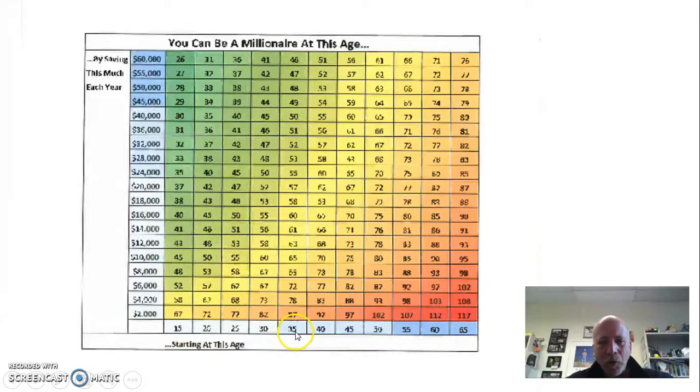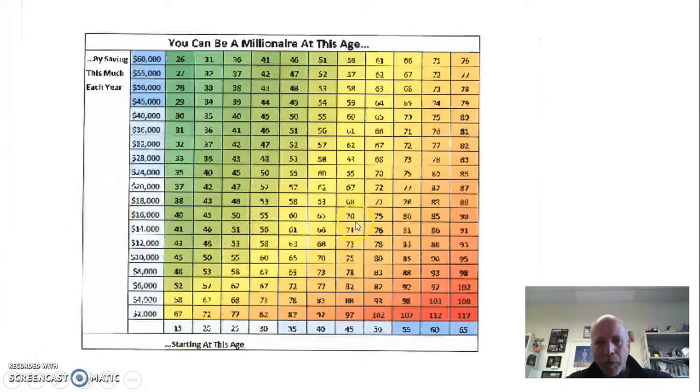If you wait till you get to be 35, then if you save that same amount, you'll have to, right here, work till or save till 72. And if you wait 10 more years, you have 10 more years before you become a millionaire. Or if you want to look at it, how much you then have to save to get $1 million.